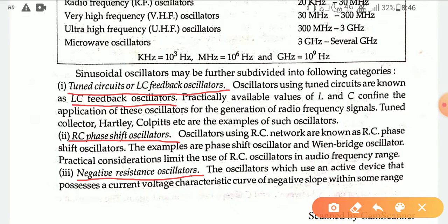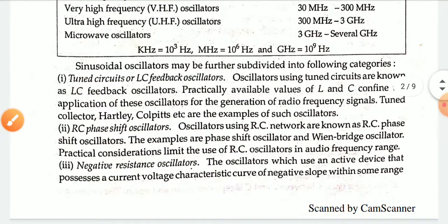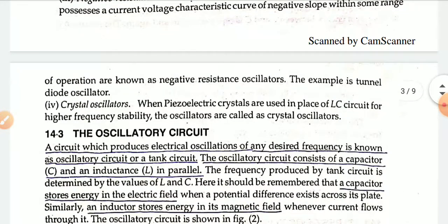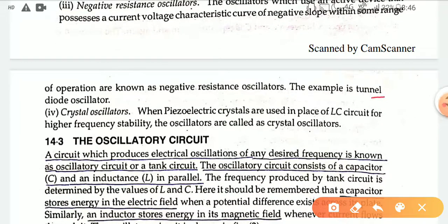Their examples are tuned collector, Hartley, Colpitts, etc. For the RC phase shift oscillator, an RC network is used to generate the oscillation process. The examples are phase shift oscillator and Wien bridge oscillator. In the negative resistance oscillator, the negative resistance property is used, and the example is the tunnel diode oscillator.